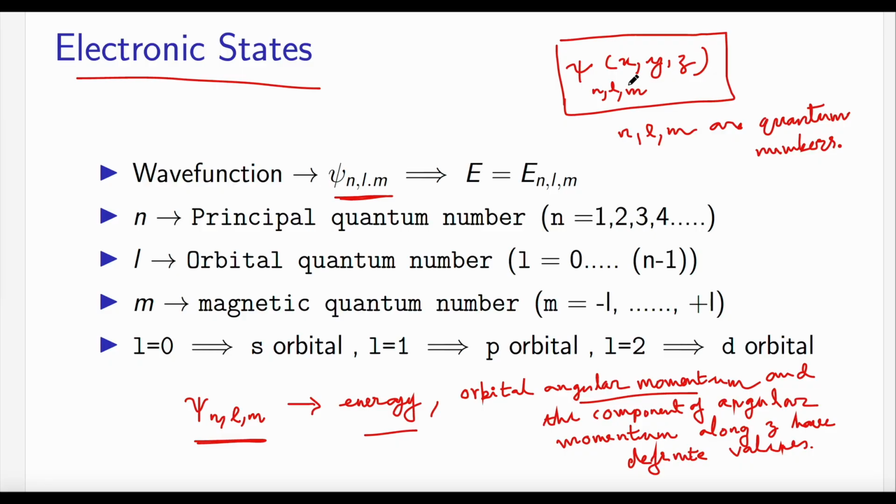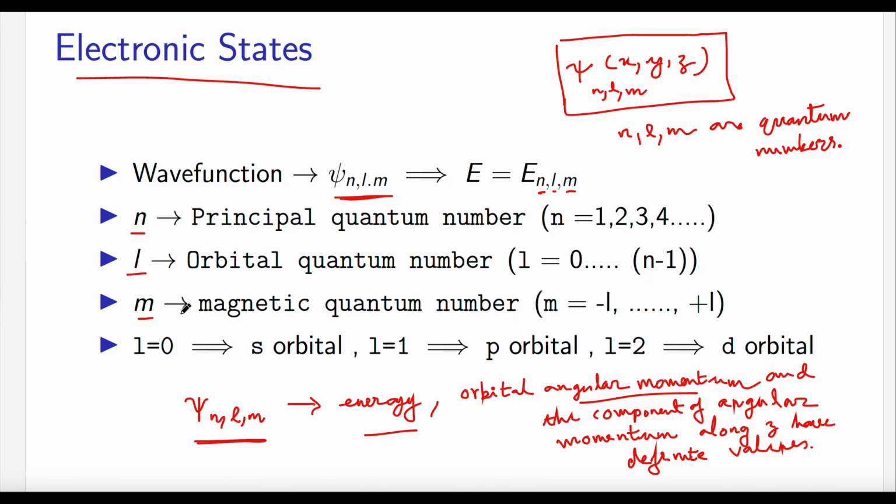So what is n, what is l, and what is m? That is what we are going to see now. n is the principal quantum number. l is called the orbital quantum number, and m is the magnetic quantum number.